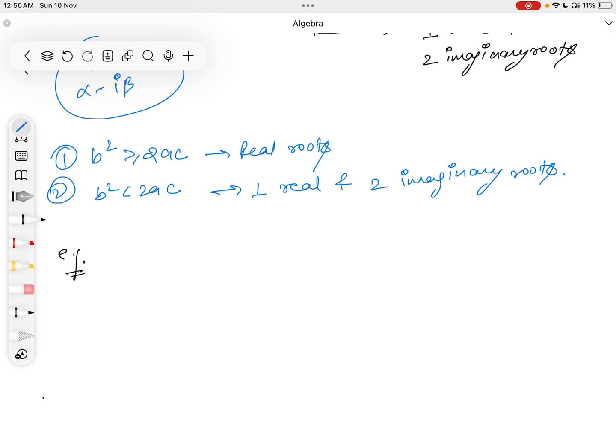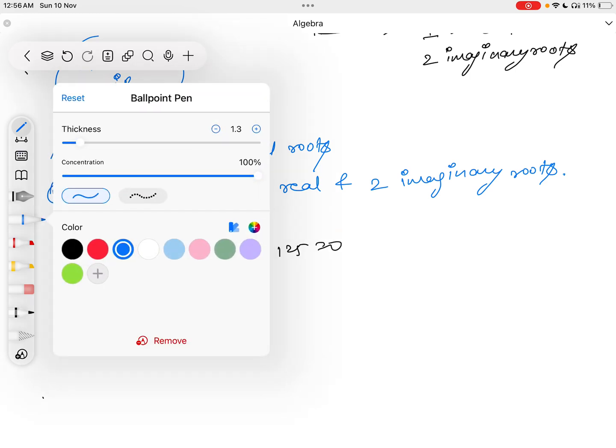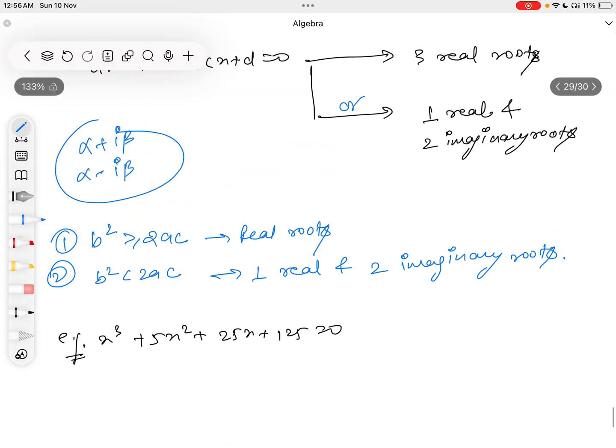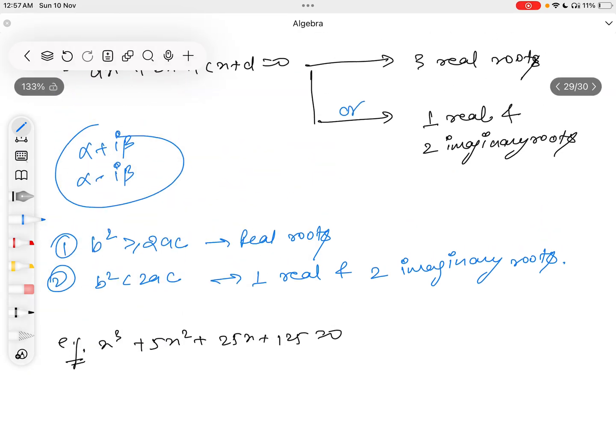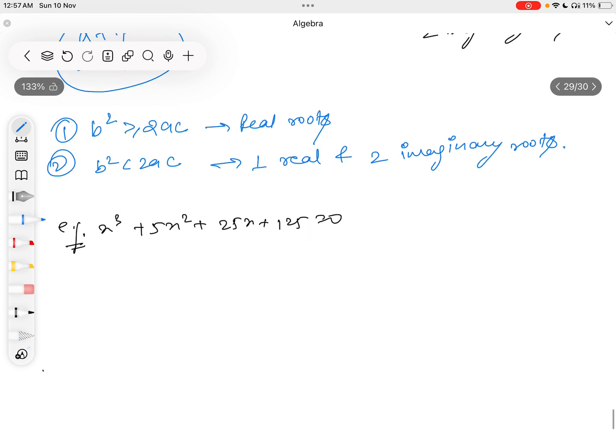So let's say you are given this equation: x cube plus 5x square plus 25x plus 125 equals 0. Now we need to find whether all three roots will be real or one real and two imaginary. So here a is 1, b is 5, c is 25, d is 125.